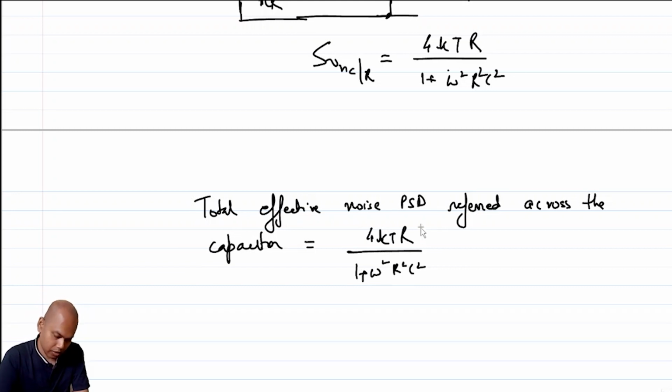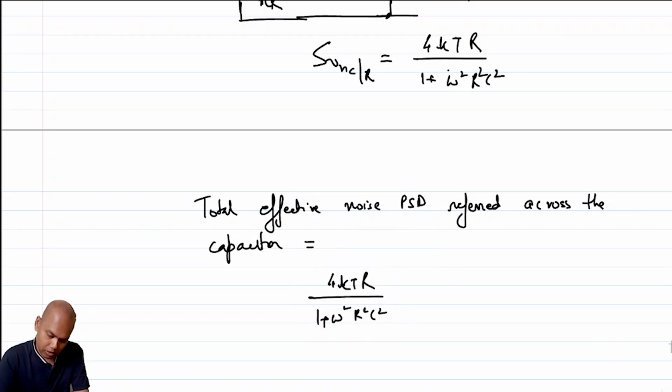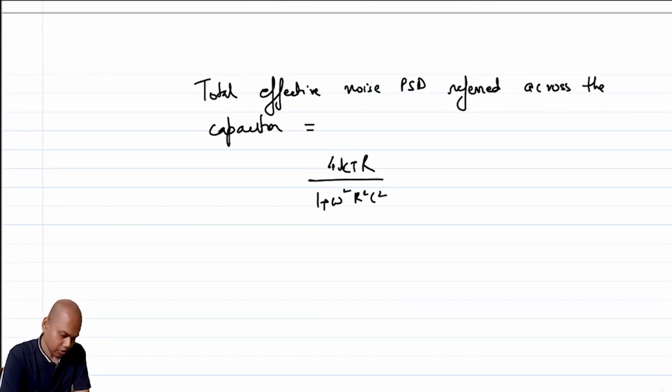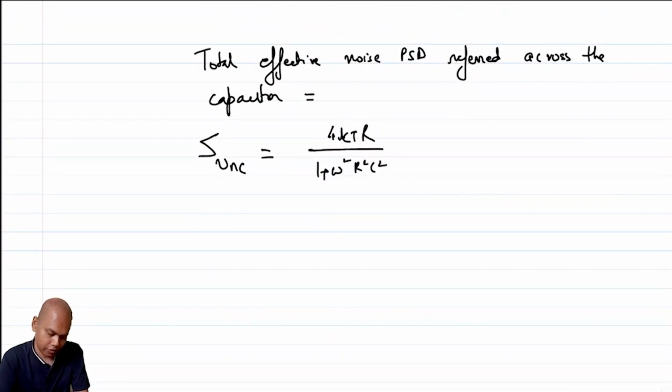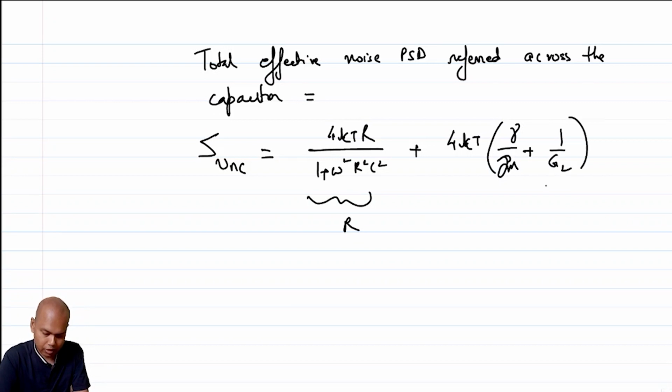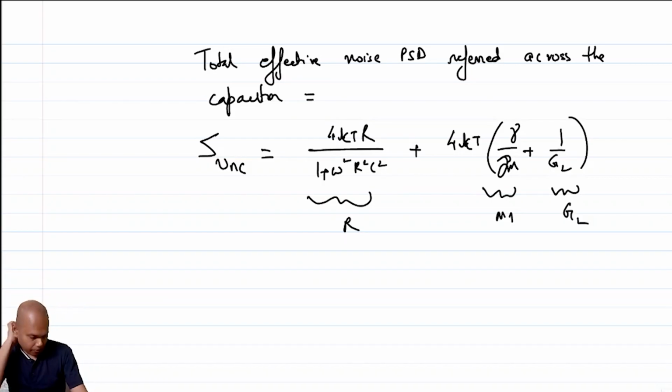Let me use another symbol for that. Let me call this total SVNC, due to R, M1 and RL. This is due to R, and the other one is 4kT times (gamma/Gm plus 1/GL), which is due to M1 and due to GL. Okay, so this is the total noise power spectral density.